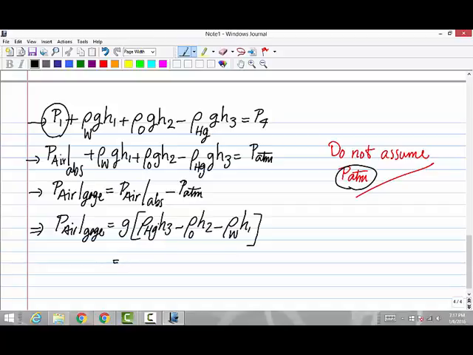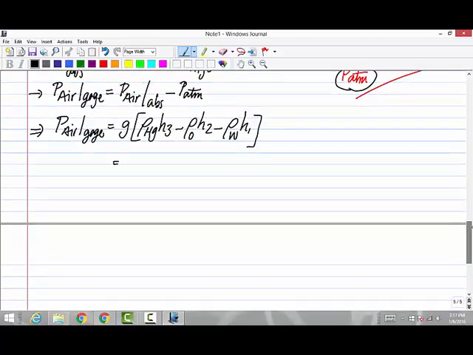Please keep in mind that you need to carry all the units all the way to the end of your calculation. So g is 9.81 meter per second squared times rho Hg, which is 13,600 kilogram per meter cubed, times h3, which is 0.3 meter. You can check it on the figure.